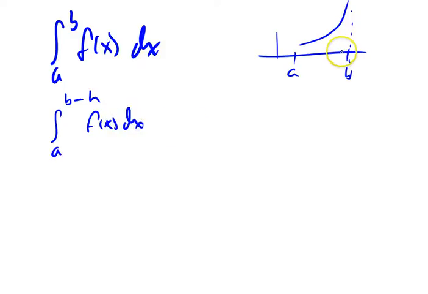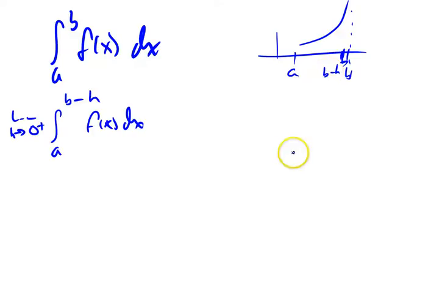So subtract a little bit off there, so b minus h would be right here, and integrate that, and then take the limit as h goes to 0 from the right. So you're subtracting positive h's off and you're headed towards 0. Okay? That's what we mean by this thing, that you don't bump right up against the asymptote, you stop short and then take the limit as you go up towards that asymptote.